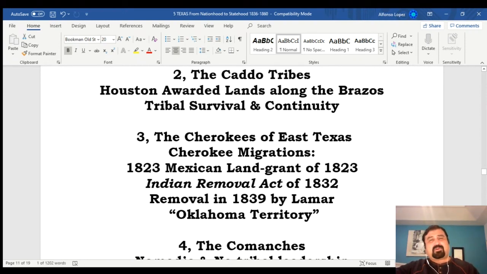We have in the north of Texas, in the northeast, the Caddo tribes. The Caddo tribes are pretty much descendants of the ancient Mississippians. We discussed that again in the first topic. And so Sam Houston had an Indian policy that wanted to work with the Native American groups.